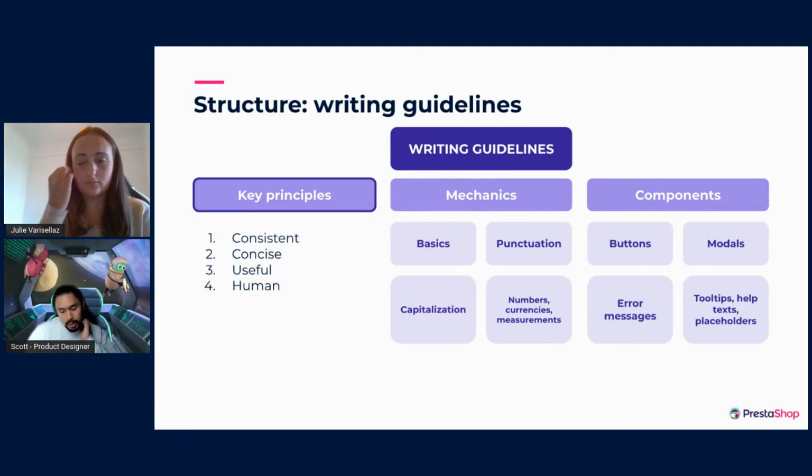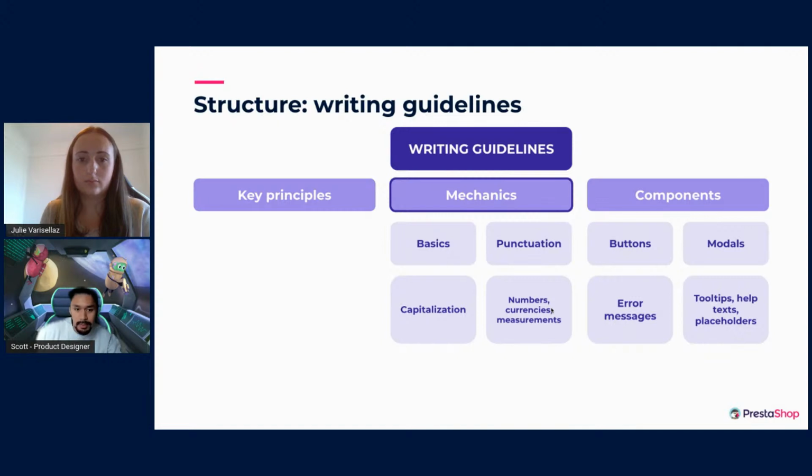Human, because we're writing for humans and not for machines, and we are also writing like humans and not like machines. So it's very important to take that into consideration. The second page is about the mechanics.